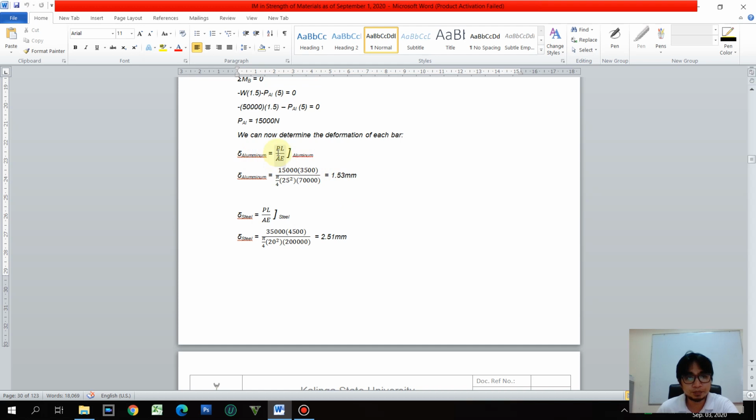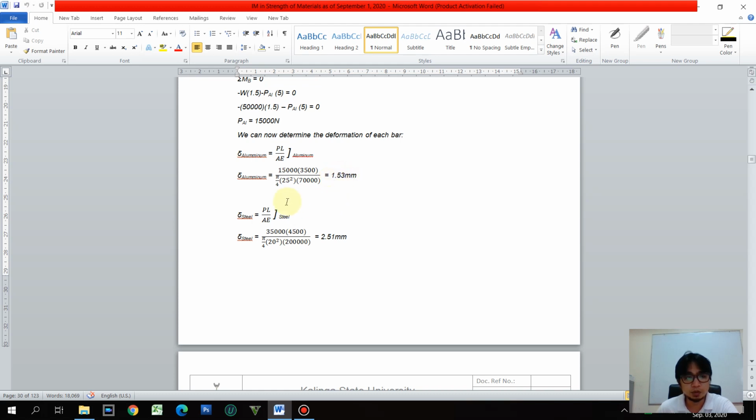We compute the deformation of each of the rods. For aluminum, again we apply this formula, PL over AE of aluminum. We substitute: 15,000 times 3,500, a circular cross section 25 in diameter, and 70,000 for its modulus of elasticity. By this we have 1.53 millimeter.